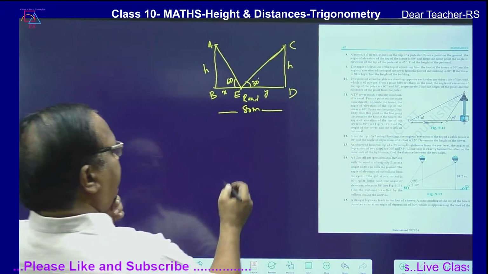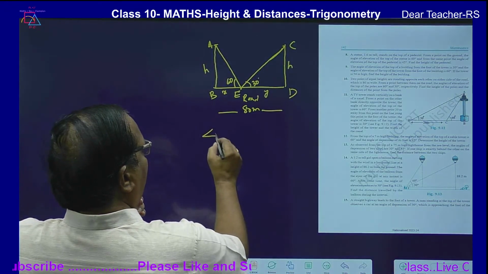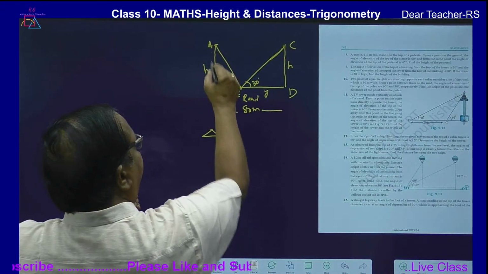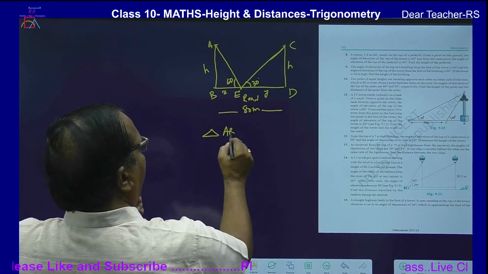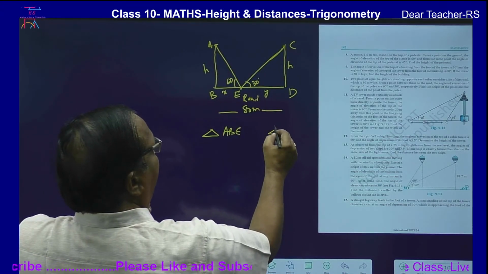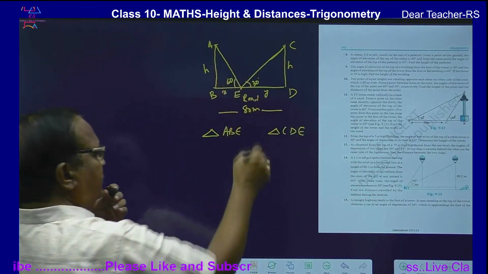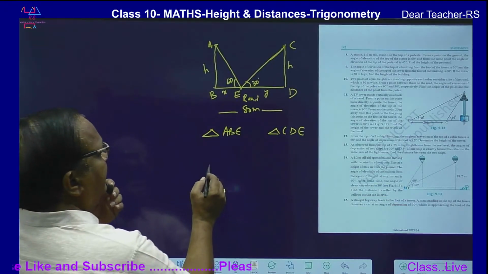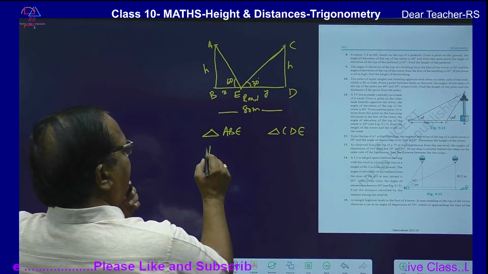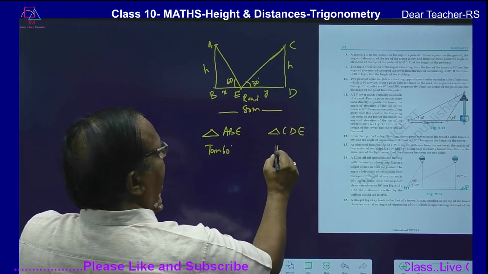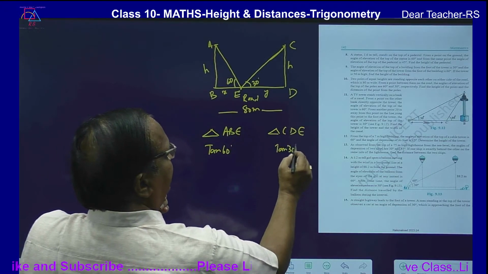My procedure did not change. Two right triangles: one is ABE, the other triangle is CDE. Because there is no hypotenuse, directly you can write tan. In ABE, 60 degrees is there, tan 60 degrees, and in CDE, 30 degrees, tan 30 degrees.